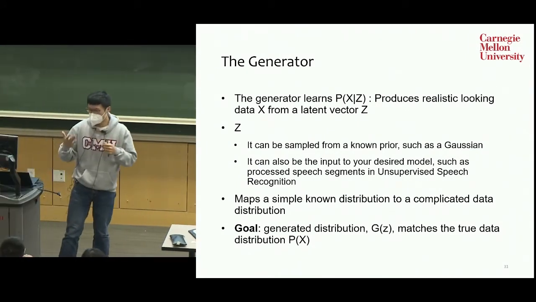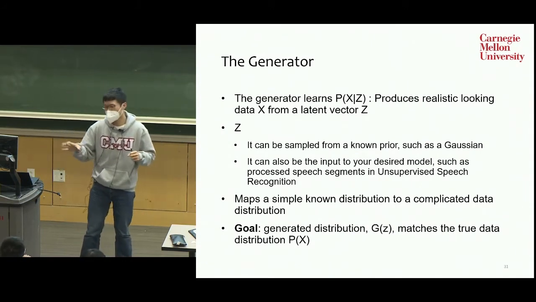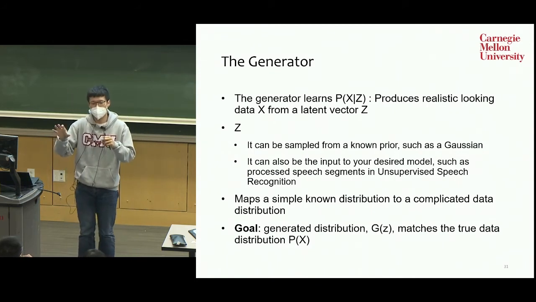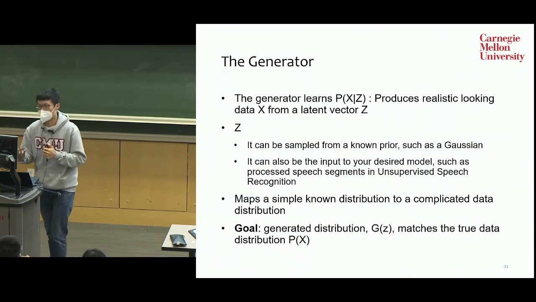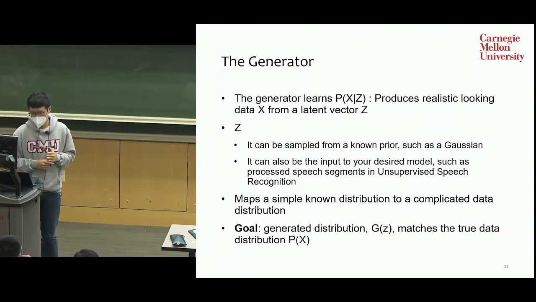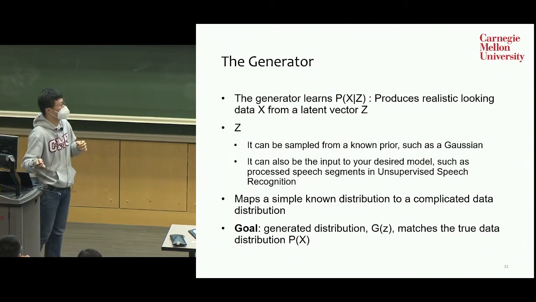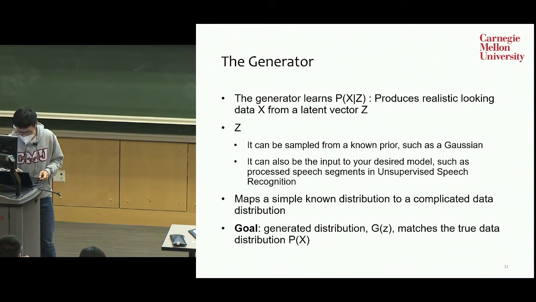For example, if you want to train a speech recognition model, your input would be processed speech segments, so that the generator would be able to produce phonemes for speech recognition. So the third point, map a simple known distribution to a complicated data distribution, I think only applies to the first kind of Z in general.